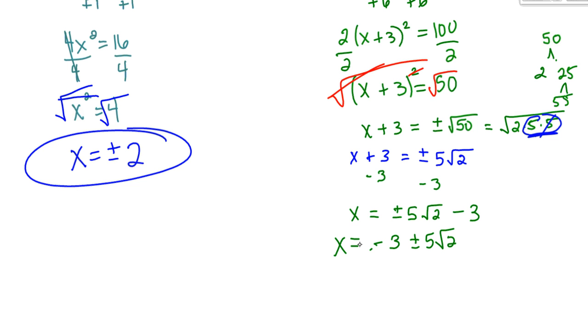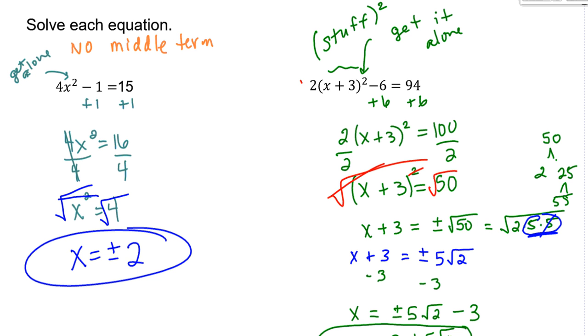There's less mistakes and less misunderstandings if you put the number part out in front and the plus or minus at the end. And we can't do anything to that. This 5 has a square root of 2 with it, so I can't combine it with the 3. It's multiplication right there, and multiplication comes before addition and subtraction. So that's as far as I can take that answer. Okay, there's the second method, solving by square roots.